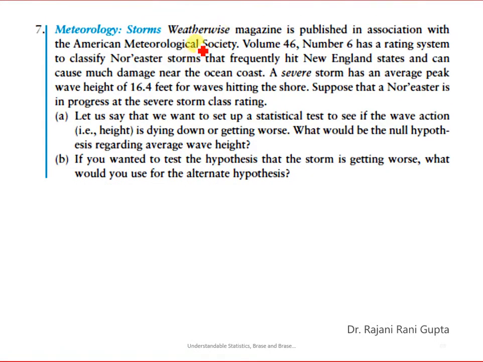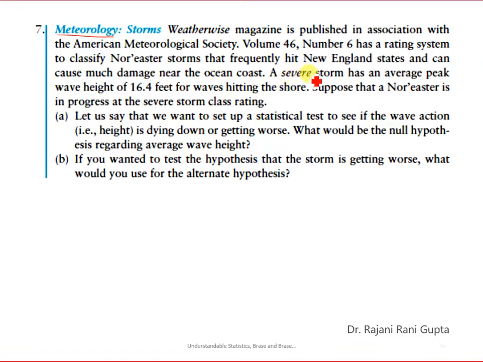We can again use hypothesis testing in meteorology. So what does it say? Weatherwise magazine is published in association with the American Meteorological Society. Volume 46 number 6 has a rating system to classify northeastern storms that frequently hit the New England states and can cause much damage near the ocean coast.